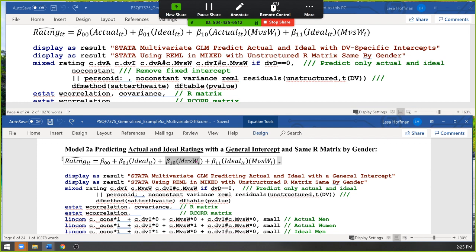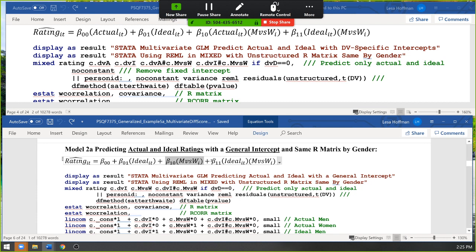That is actually a constraint. That is a testable hypothesis as to whether you need 2 effects of gender in the model or 1. No gender difference. It's saying that the gender difference is the same across outcomes, not that there's none.